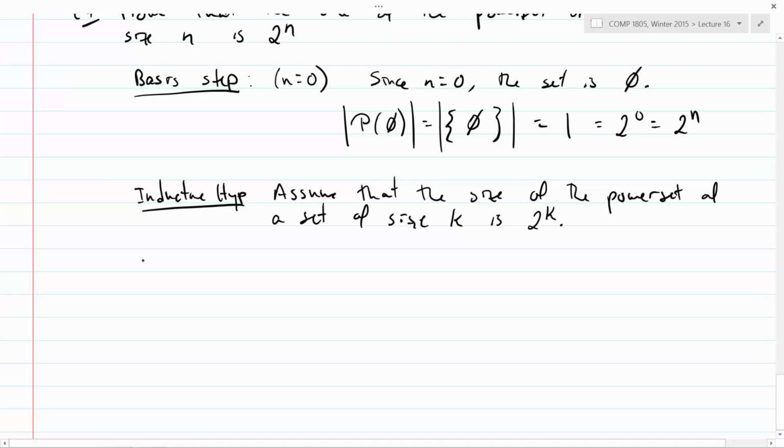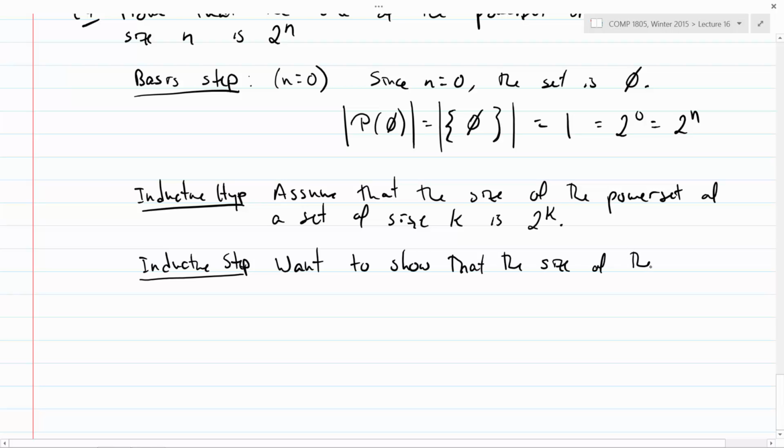And the inductive step will be, well, we want to show that the size of the power set of a set of size k plus 1 is 2 to the k plus 1. And the k plus 1 is all in the exponent this time. So we want to show that the size of the power set of a set of size k plus 1 is 2 to the k plus 1.